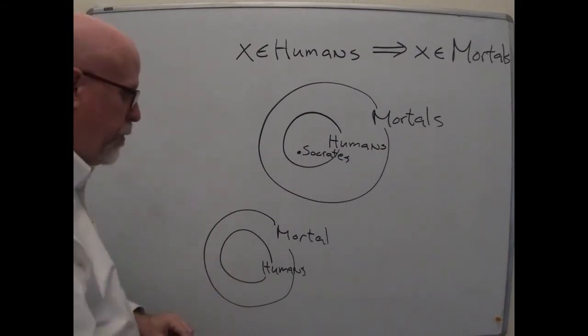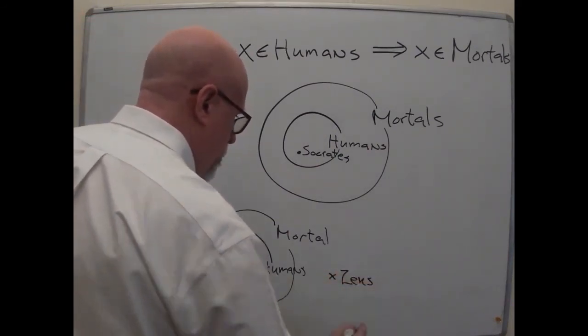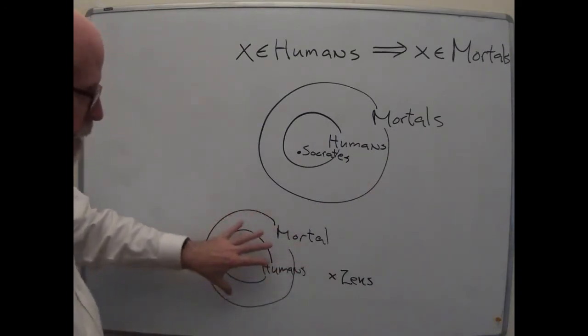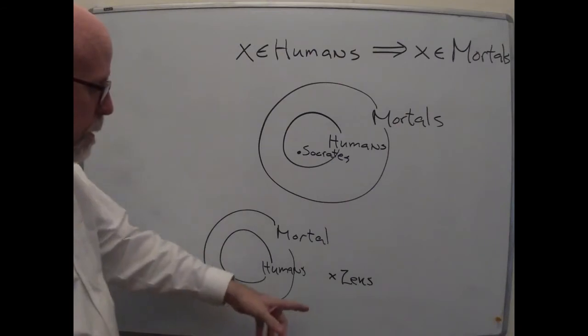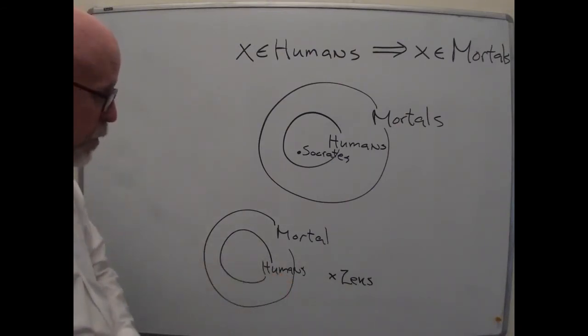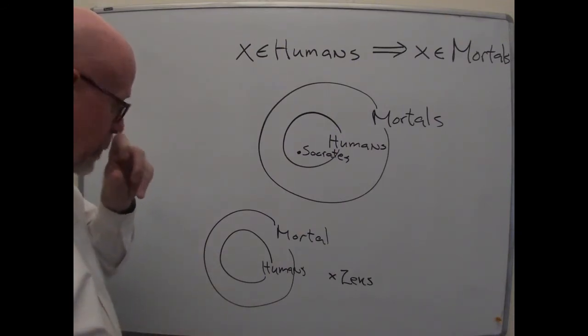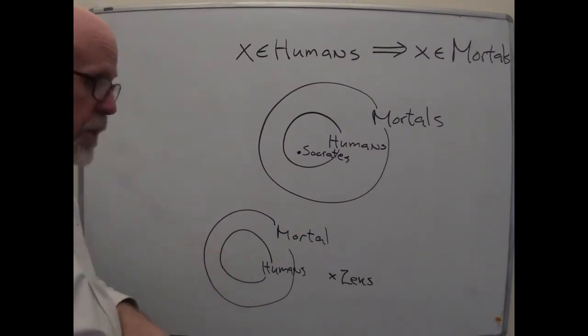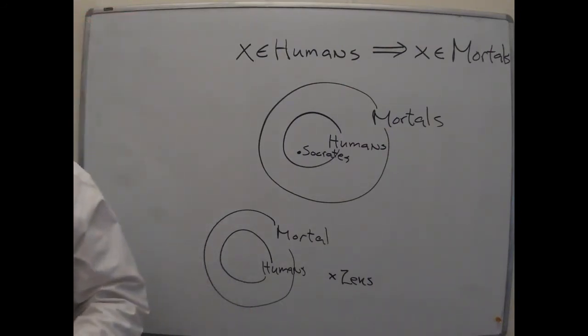He's a god, so he's out here. But again, the containment is setting up a universally true thing, and then the placement of this particular thing leads us to say, well, if Zeus is outside the set of mortals, he most certainly is outside the set of humans, which is what modus tollens says.